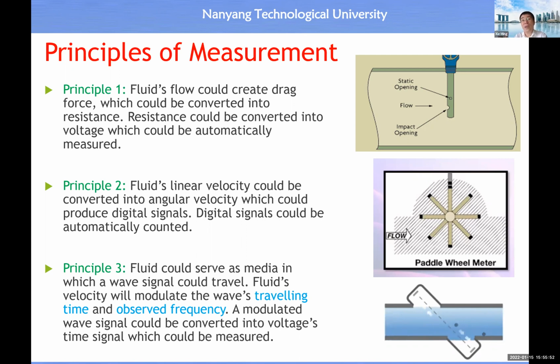And then we can use a microcontroller to measure voltage, right? So this is principle number 1. Principle number 2 is to convert the fluid linear velocity into angular velocity. And the angular velocity will produce digital pulses. Then we can use a microcontroller to count the digital pulses, right? So this is the second principle.